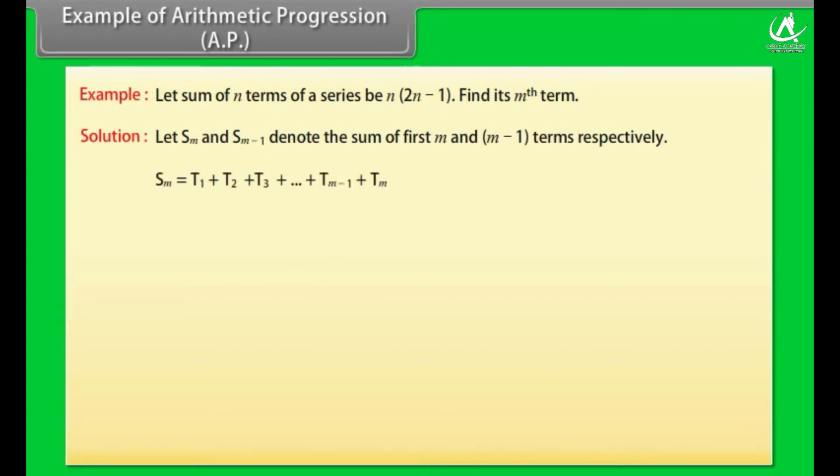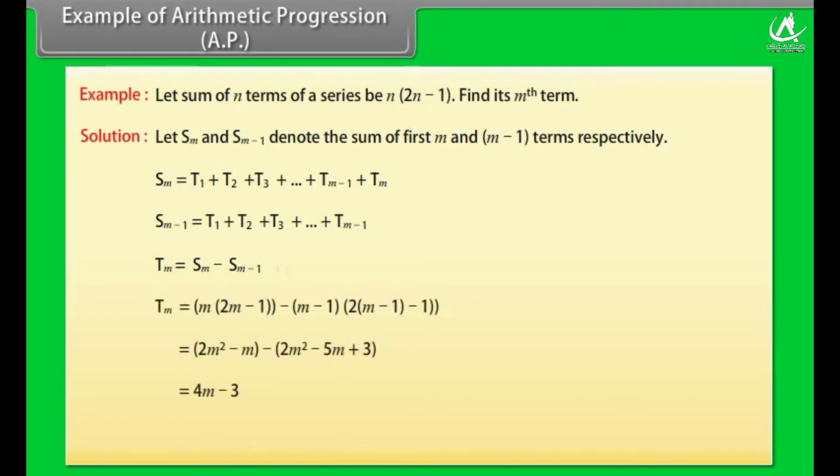Sm is equal to T1 plus T2 plus T3 up to Tm minus 1 plus Tm. Sm minus 1 is equal to T1 plus T2 plus T3 up to Tm minus 1. Tm can be found as Tm is equal to Sm minus Sm minus 1. On solving, we get 4m minus 3.